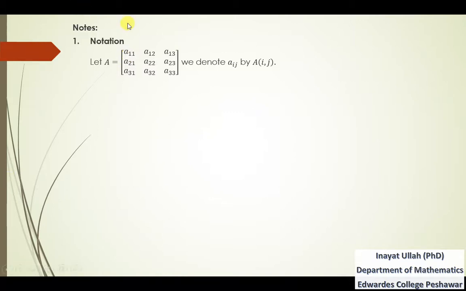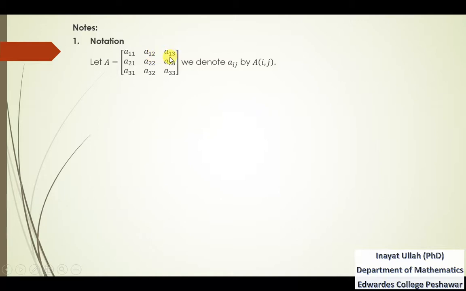Similarly, this entry A12 is in the first row and second column. The first number represents the row number and the second one represents the column number.